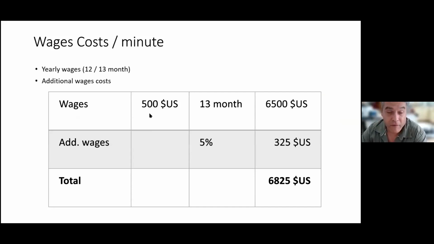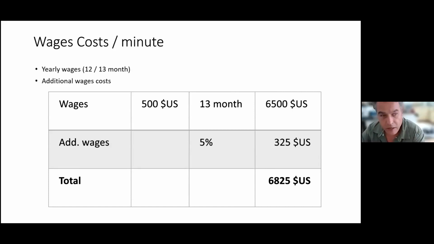So let's say you have a $500 a month salary. Maybe you have a good boss who is very generous and you have a 13-month salary. So over the year, you have maybe $6,500. Add wage costs, maybe 5%. Here in Citrus, for example, we have only 3%, but I took 5 to make it easier. So this is the total cost for a technician per year salary.